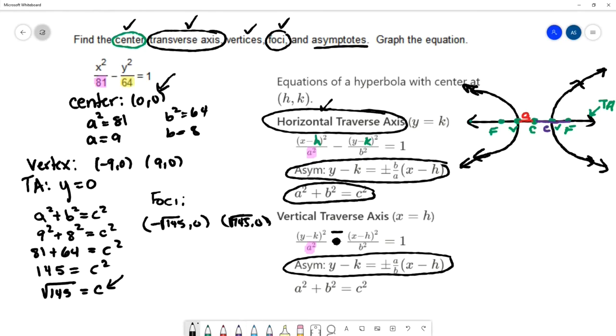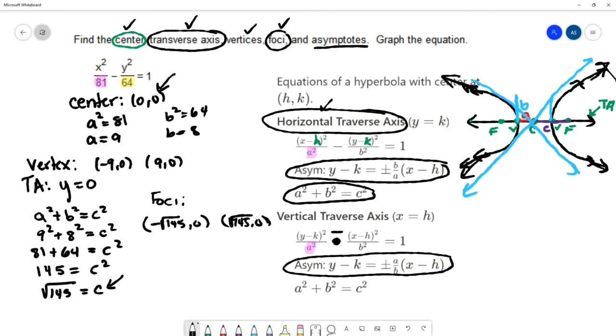But if we take the value of b coming off of our vertex, it creates this diagonal going through the center, and that's going to guide us on where to draw our arrows here at the end, where the end behavior of this graph is headed.